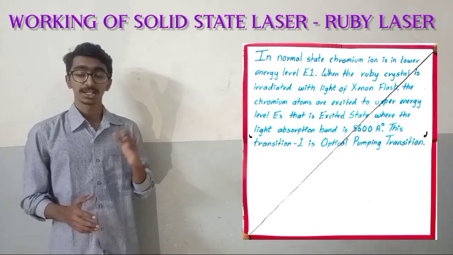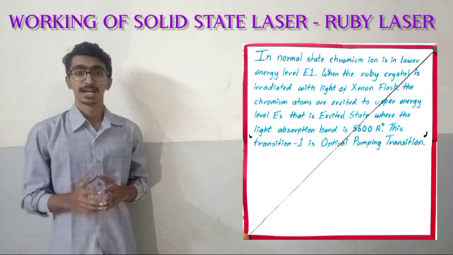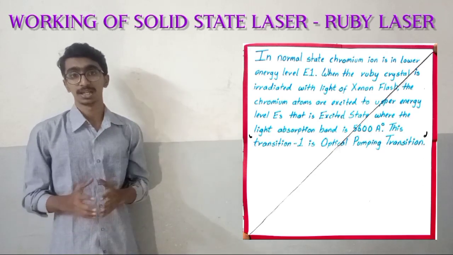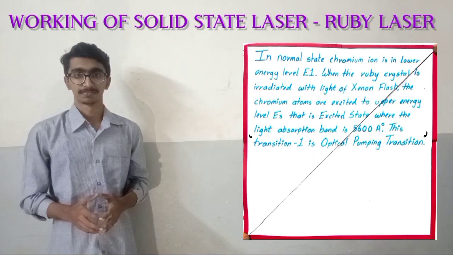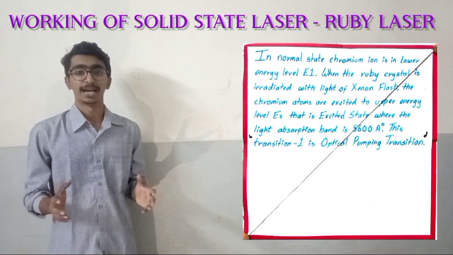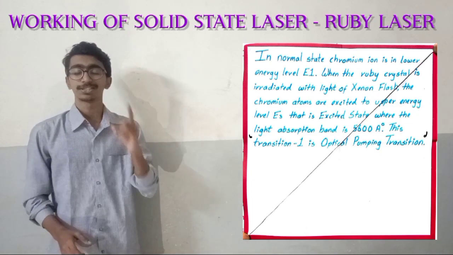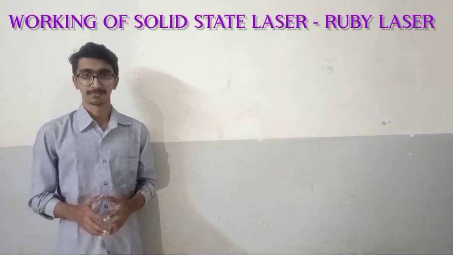When the ruby crystal is irradiated with the light of the xenon flash, the chromium atoms are excited to the upper energy level, that is E3 excited state, where the light absorbent band is 5600 angstrom. This is transition number 1, optical pumping transition.